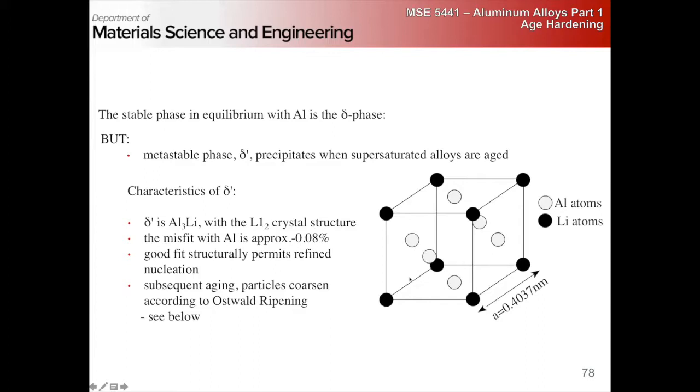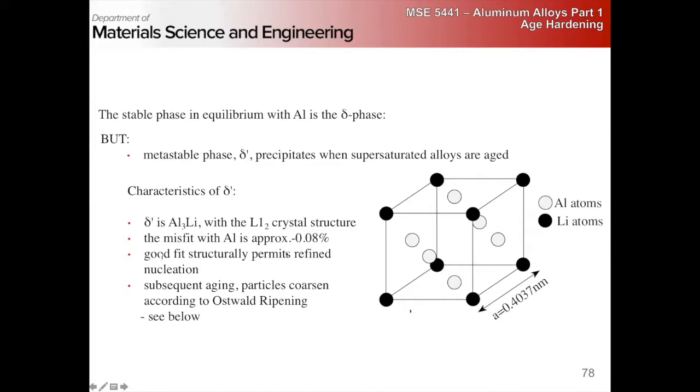This is a superlattice ordered compound. We'll see the same structure when we talk about nickel superalloys. This is the same structure as the gamma prime phase. The misfit is very, very low, so we have a good structural fit that permits a very fine homogeneous nucleation.